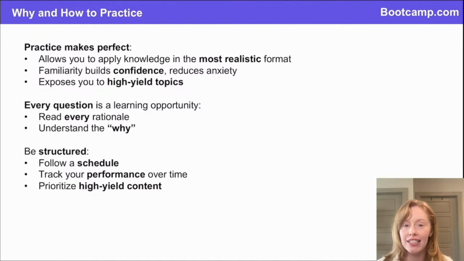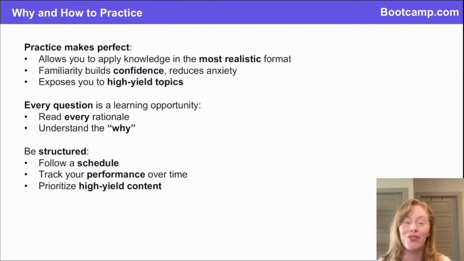And then it's always a good idea to be structured. So based on when your testing date is, you can follow a study schedule. And we do have 1, 2, and 3 month study schedules for you that give you day by day what questions to practice, what cheat sheets to review, when to take a readiness assessment, and how to incorporate all those pieces into your study. And then you want to track your performance over time.